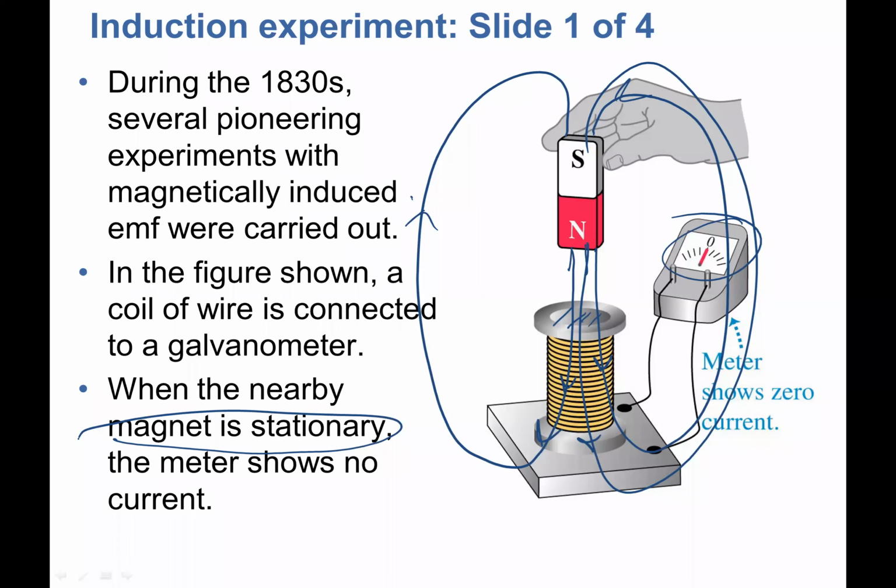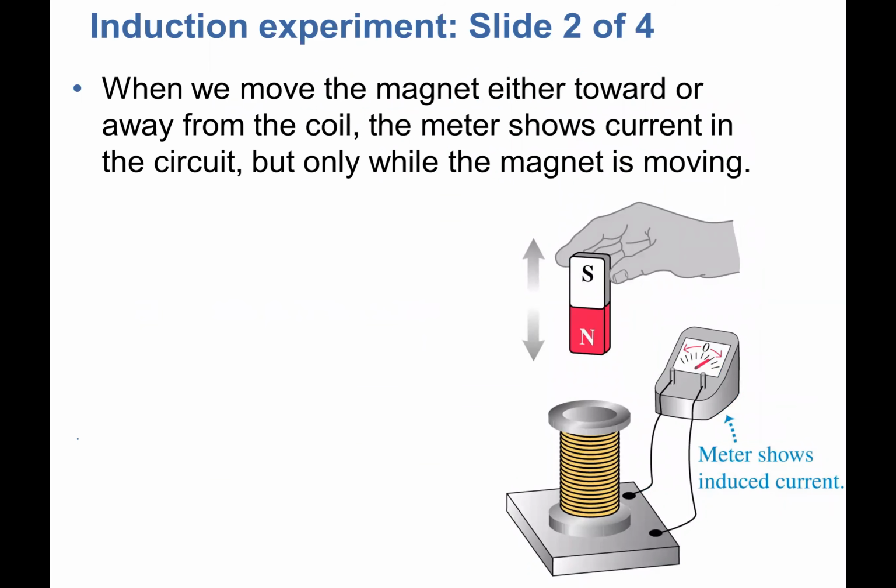All right. So obviously the next thing for the experimentalist is to observe what happens if you have a moving magnet, since the stationary one doesn't do anything. One thing he discovered is that if you start moving the magnet relative to the coil, remember the coil is just sitting there, but now you're moving the magnet, by just moving the magnet down, he was able to see there is a current in the wire.